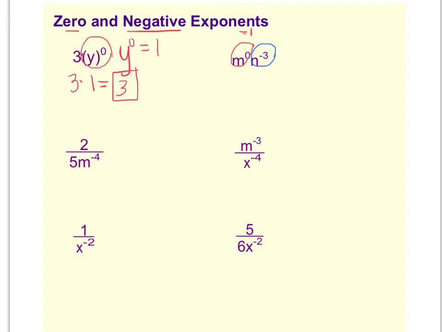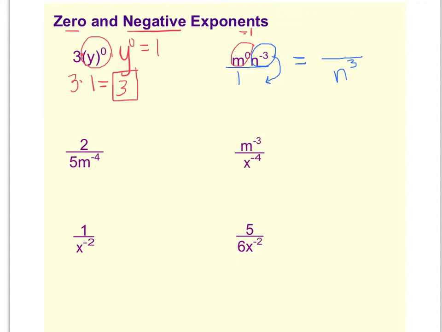So what we've been talking about in class is when you have a negative exponent, the exponent with its base has to move. Because right now it's in the top of a fraction, you can think about this as being over 1. This n to the negative 3 has to come down here. And it's that movement that makes your exponent positive. When it comes down here, the base is still the same, so the n did not change, and instead of a negative 3, it's going to be a positive 3.